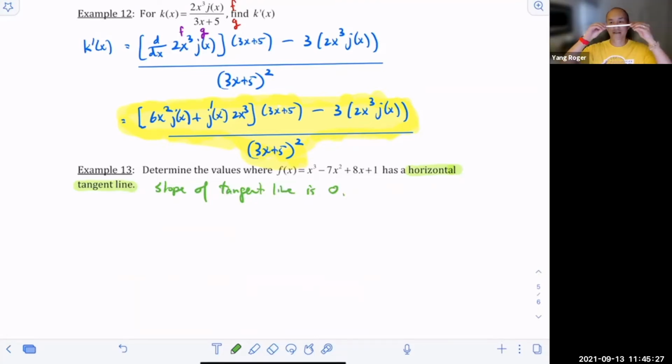Horizontal looks like this. And this is slope 0. That's slope 0 because it doesn't matter what your run is, your rise is 0. So 0 over whatever the run is 0.